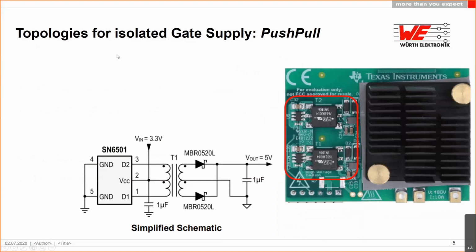As Martin already mentioned, there are different topologies available for driving GaNs or SiCs, and all of them have advantages and disadvantages. As you can see here in this application example from TI, we have our transformer driver, the SN6501 in this case. The advantage of this push-pull design is that it's a very cheap, fast, unregulated solution, but the voltage on the output is directly dependent on the voltage on the input.